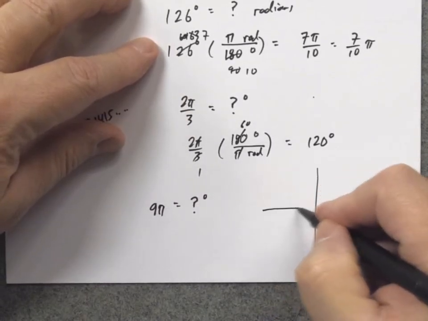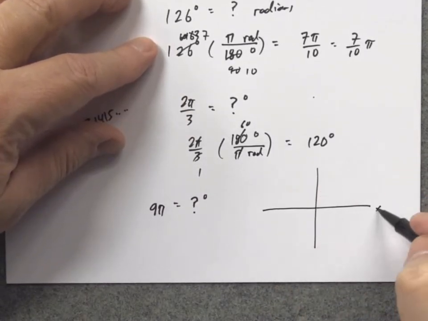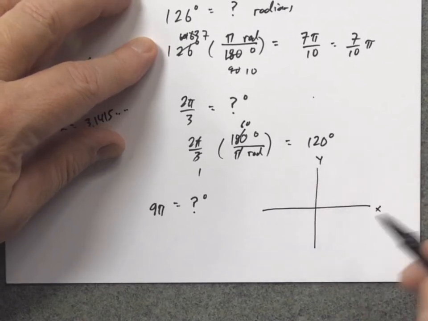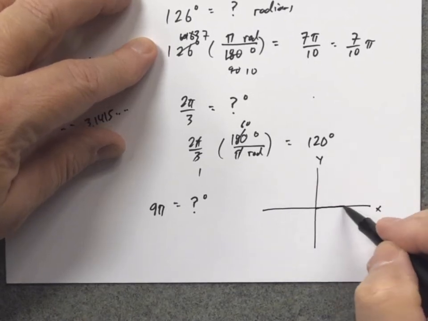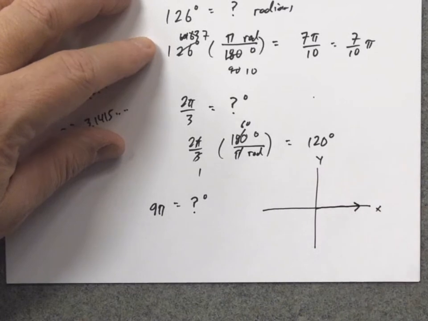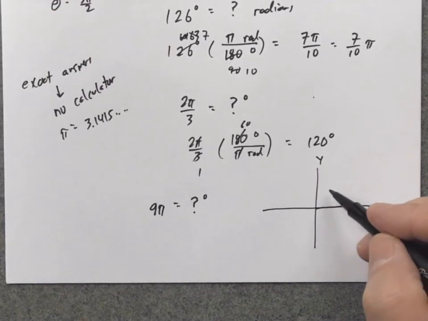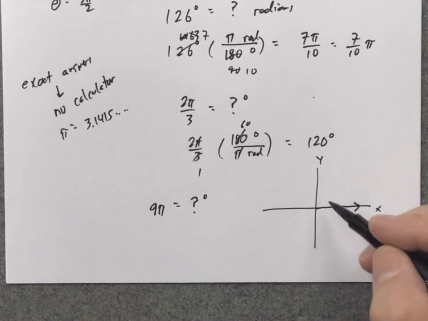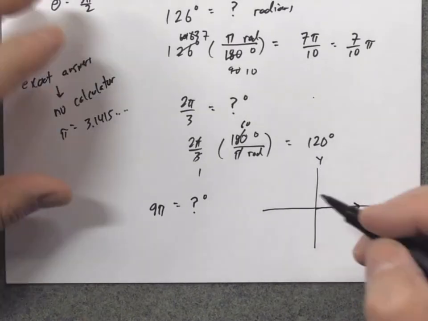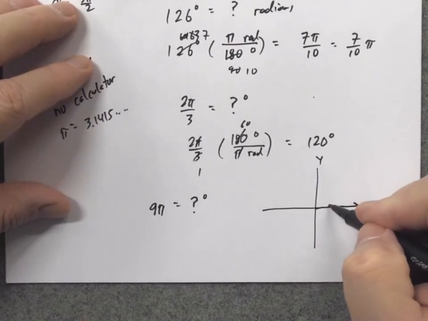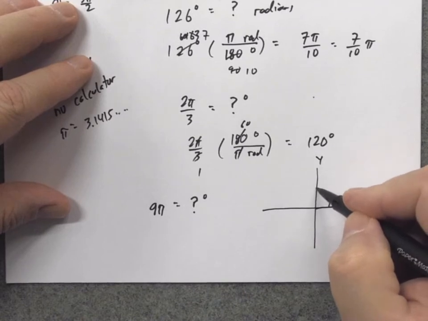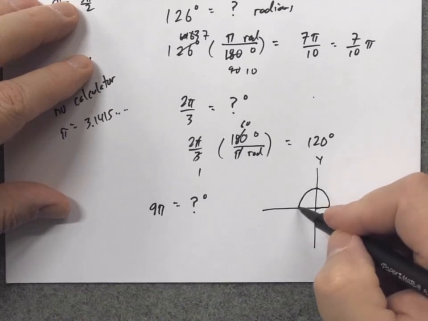a lot of times when we look at angles, we like to use the X and Y axis, and the starting point almost every time when we have an angle is the X axis. And then as you move in the counterclockwise direction, that's considered a positive angle. So if I go from here to here, that's a 90-degree angle, and then 180 straight across.